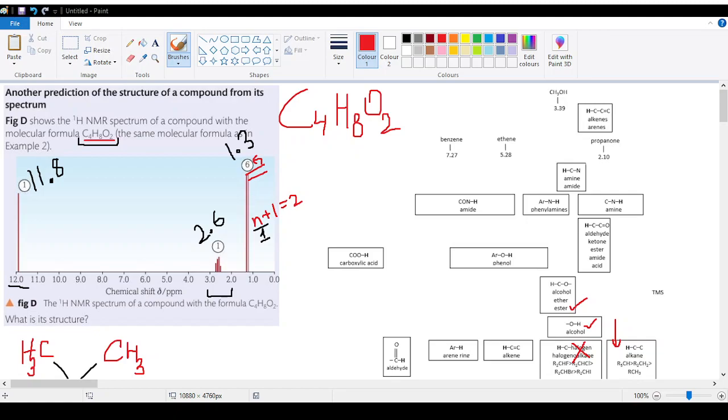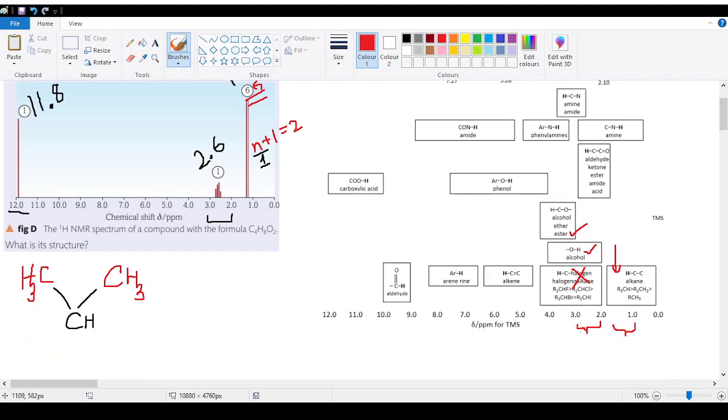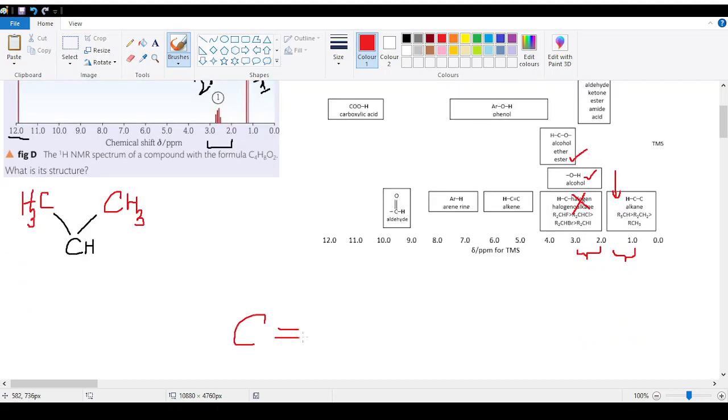Yeah, COO group. Now at 2.6 there is no COO group, is there? In this graph, at 2.6 there seems to be no COO group. But what about a hydrogen joined with a carbon that has a CO group? There must be something like this. What if I have a neighboring carbon with a hydrogen?